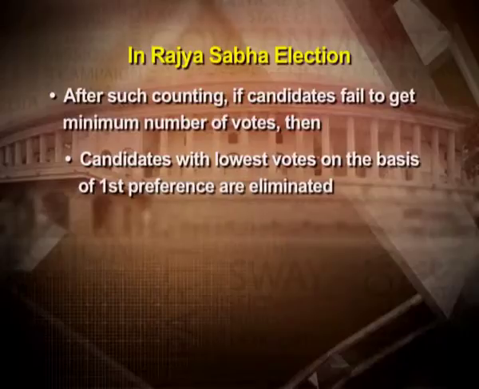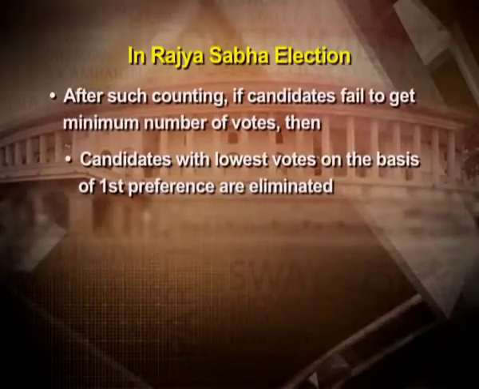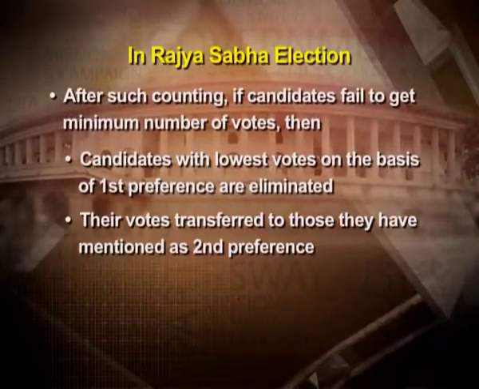Now, in their ballots, whoever has been mentioned as second preference, those votes are transferred to those candidates. Those who have lost, have lost on the basis of first preference, but in those ballots, second preference is also mentioned. So those votes are transferred to them, and this is done till clear winners emerge, that is, till the minimum number of votes is reached.